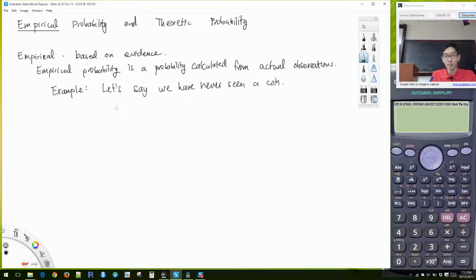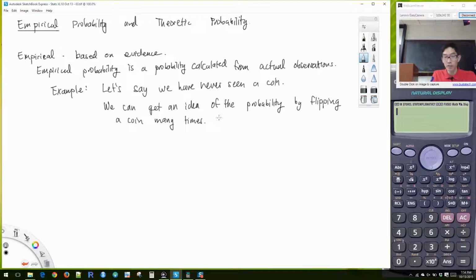Okay? So we can get an idea of the probability by flipping a coin many times.